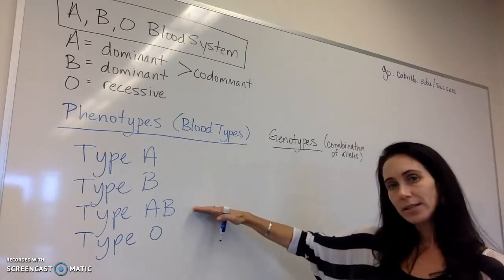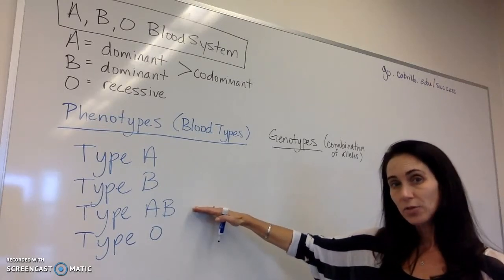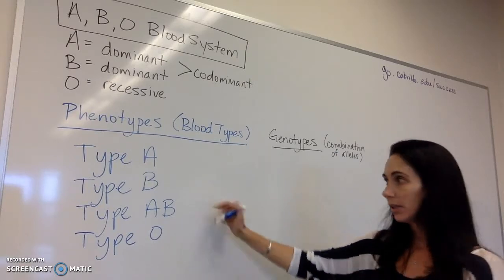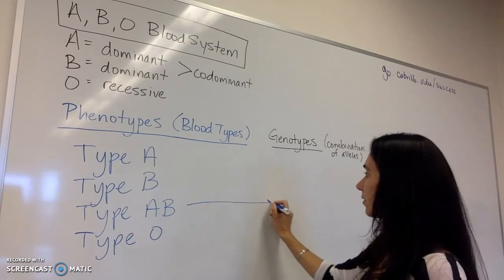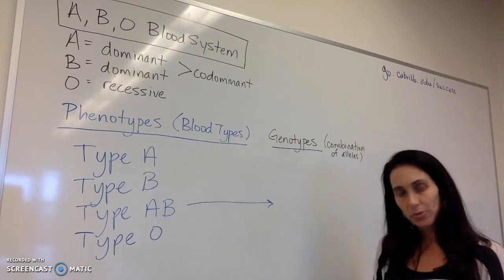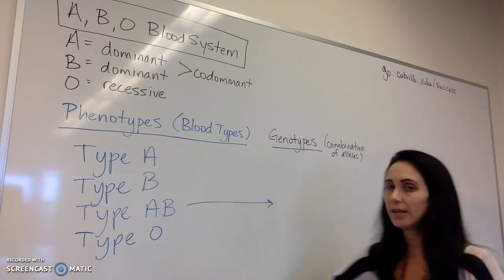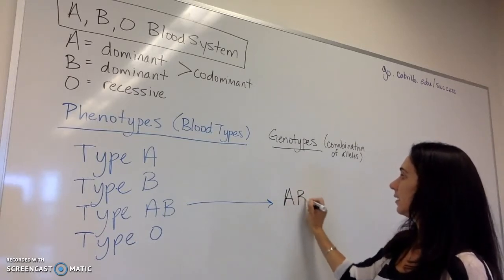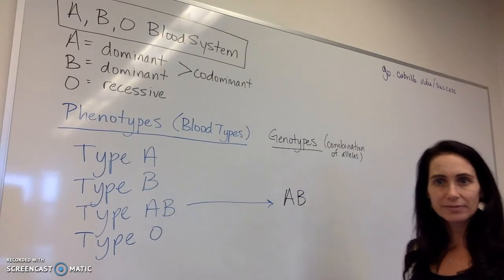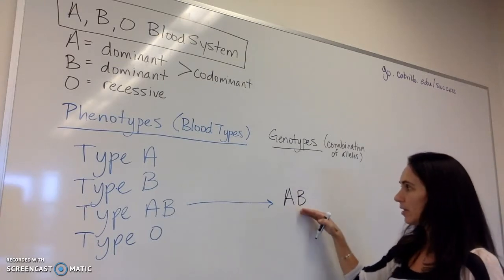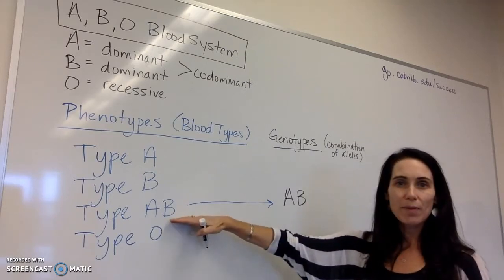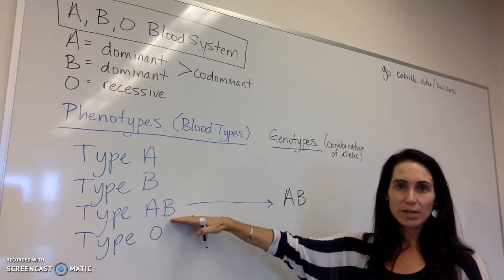So the only way to get type AB blood is to get 1 A combined with 1 B allele. So we know that the genotype that produces type AB blood consists of the alleles A and B. Both dominant alleles, both show up in the phenotype or the blood type.